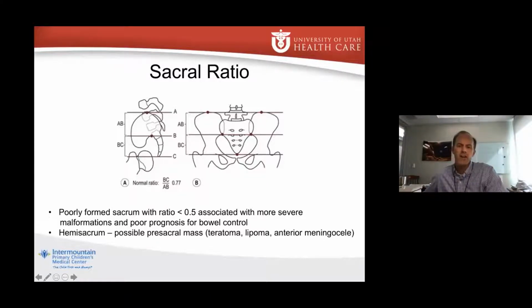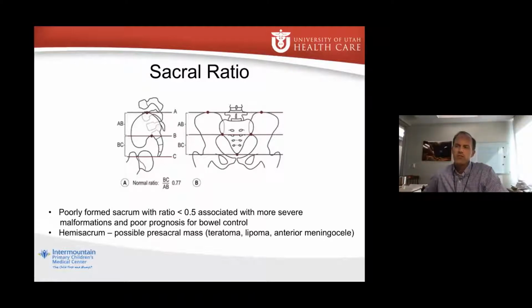A ratio of about 0.7 is normal. If it's less than 0.7, then it tends to have a poor prognosis.